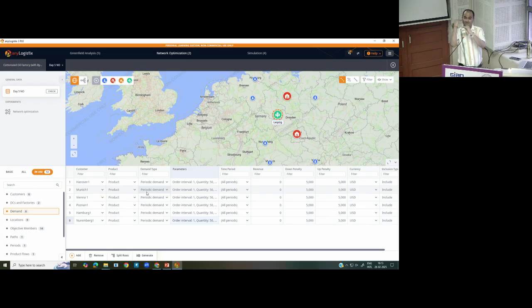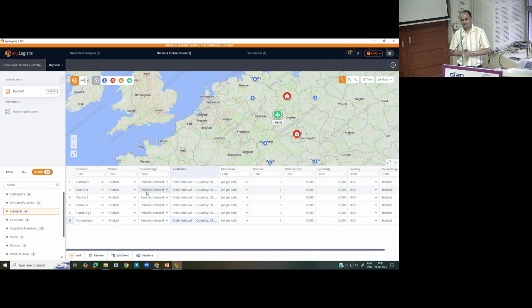Whereas if the distribution center sends more products compared with your demand, then up penalty will apply. So in order to make sure that your model is feasible, that's why we are applying penalty here. It is not whether it is delayed or not, it is how much quantity you are delivering.